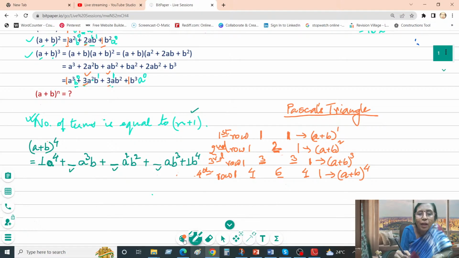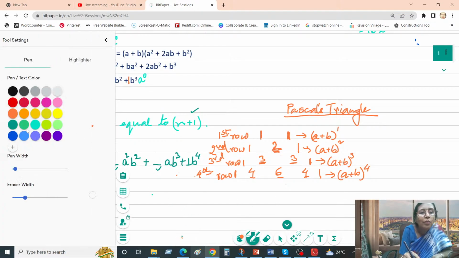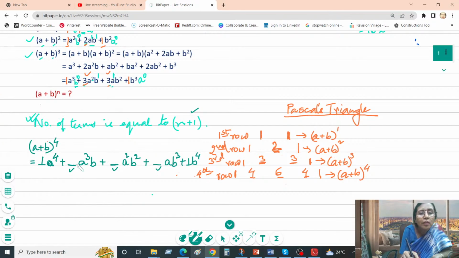Now we are in a position to write the coefficients. 1, then 4, then 6 and finally 4.